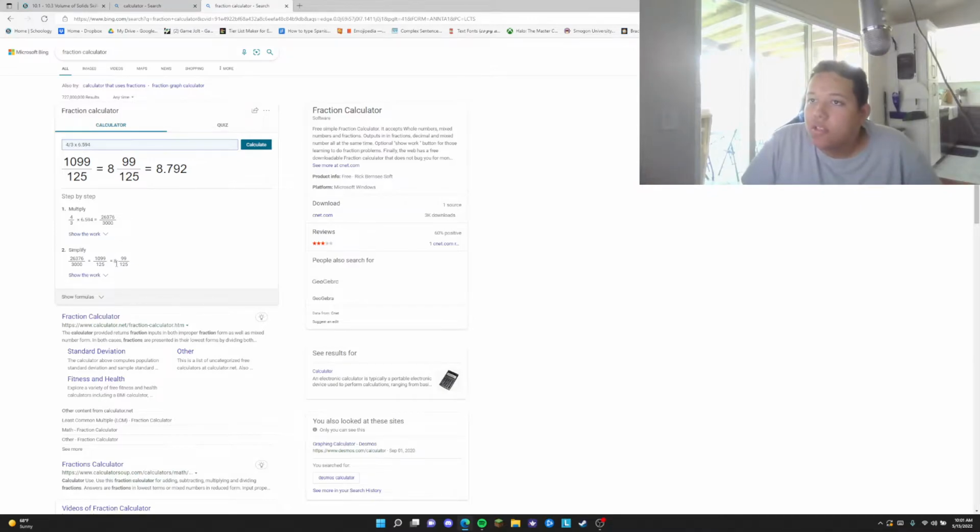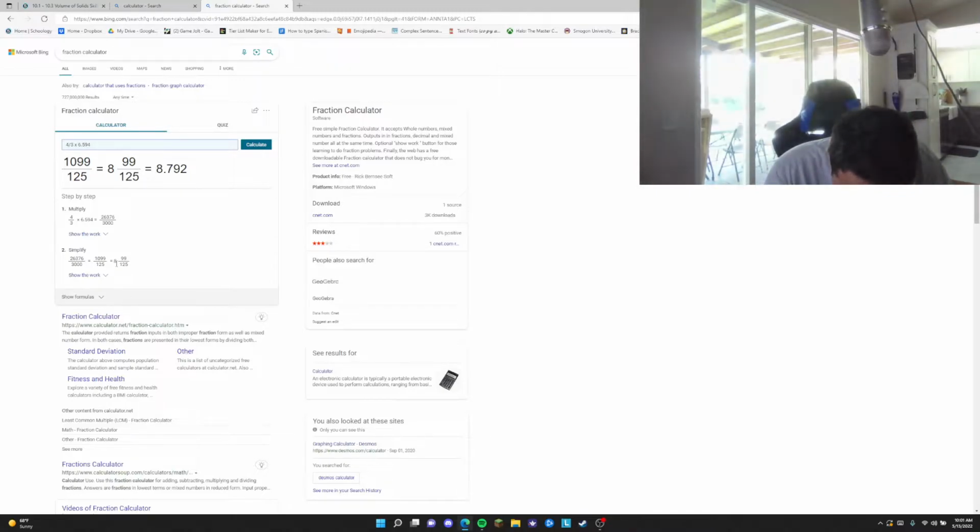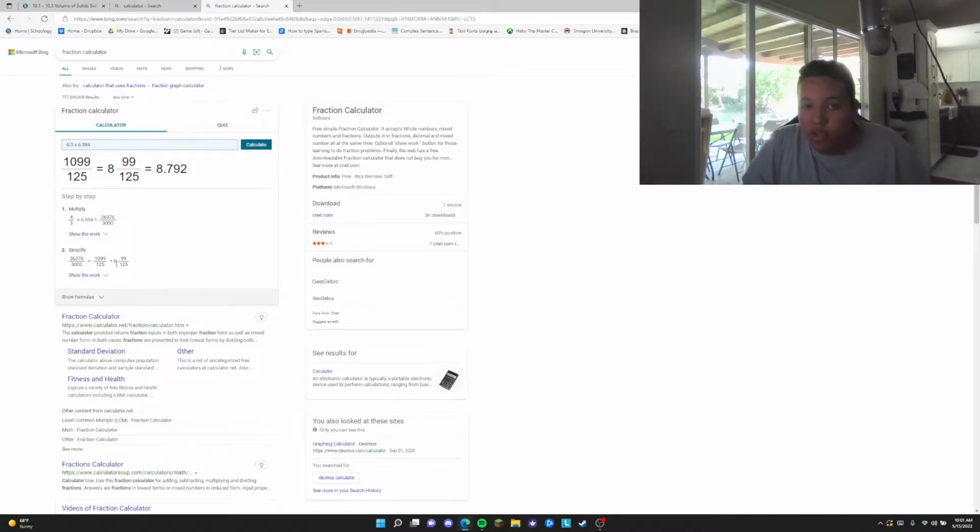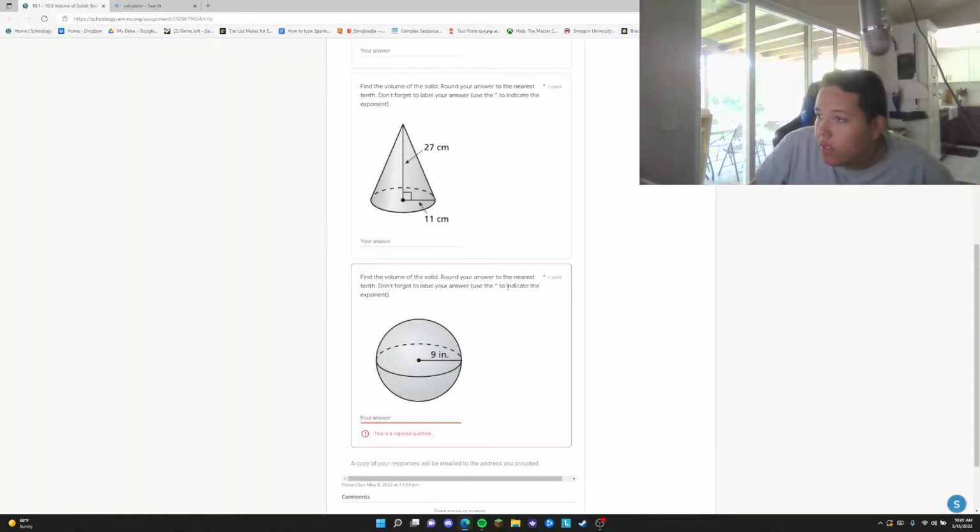Okay. So we get V equals 8.792, which is the volume, but we have to round it to the nearest tenth, I believe. That's what my homework told me to do.